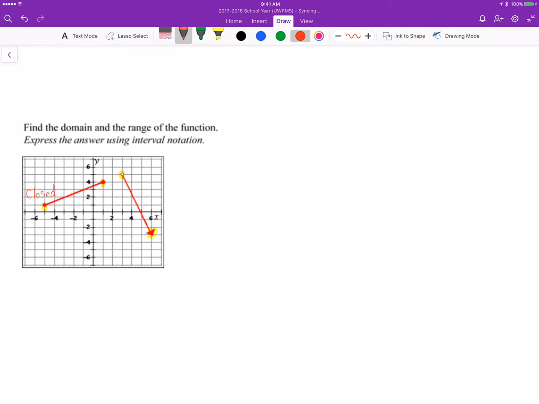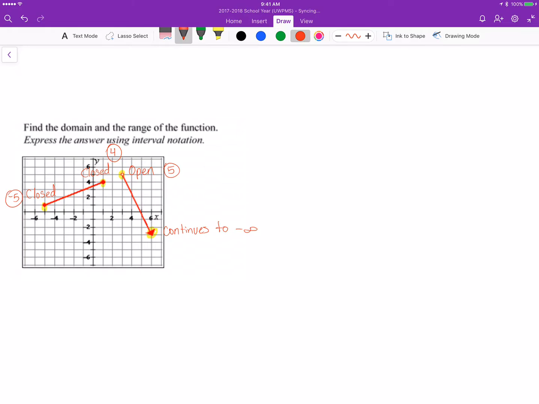Closed, closed, open, continues to -infinity, open 5, closed 4, enclosed -5. You also could have done that throughout.